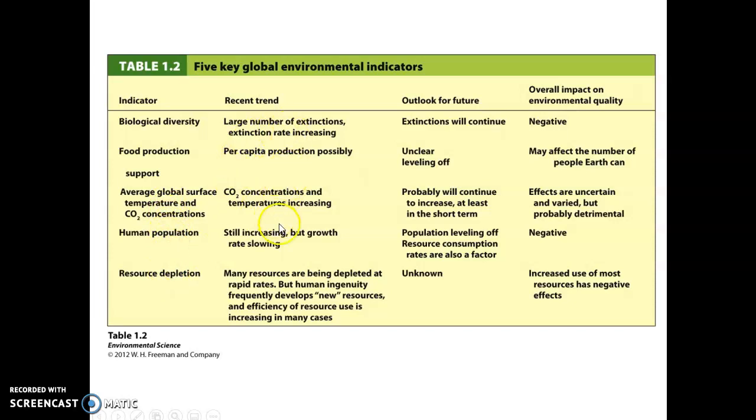And then they give some very bland trends, outlook for the future, and overall impact on environmental quality. So in the subsequent screencasts, screencast 2 for chapter 1, we will go through each of these in a little bit more detail and explanation than is provided here in the table. So that is it for screencast number 1, chapter 1.